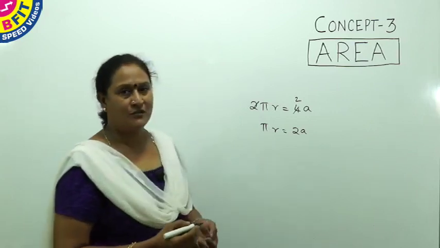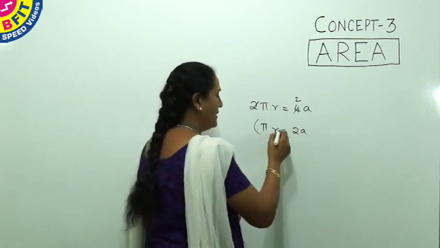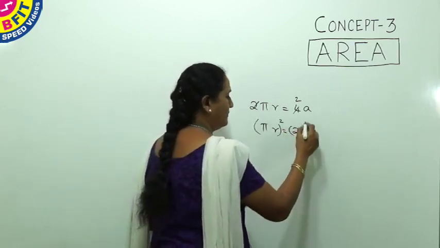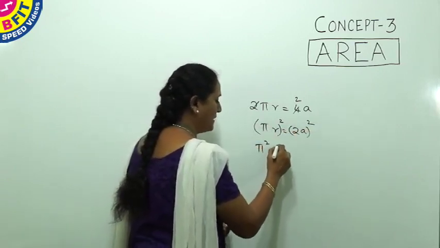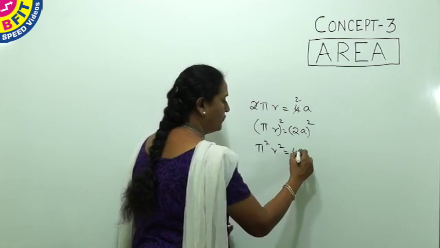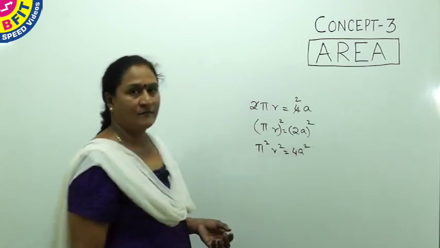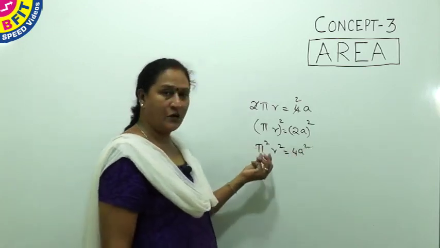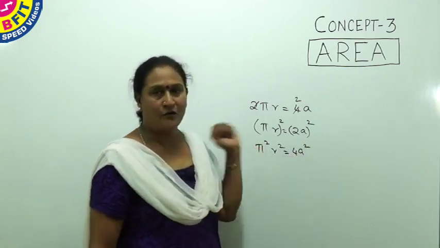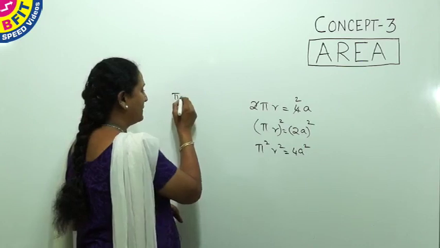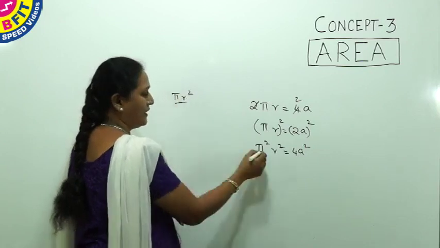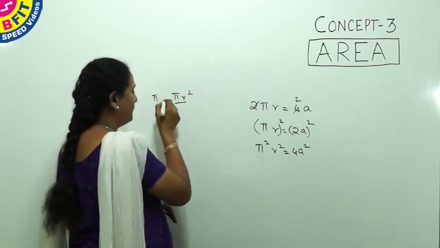Now square both sides. When we square this, we get pi square r square equal to 4a square. And we need the area of the circle to the area of the square. Here pi r square is the area of the circle, and one pi we'll keep apart.